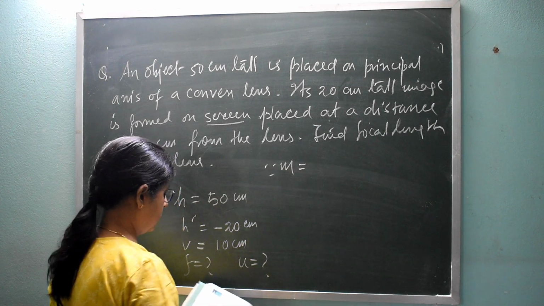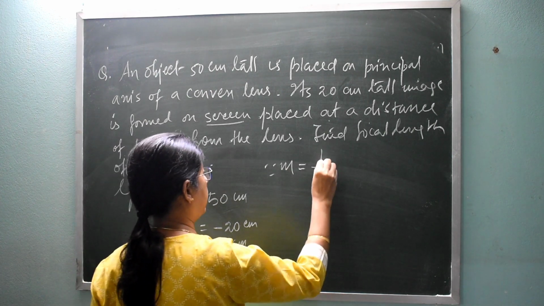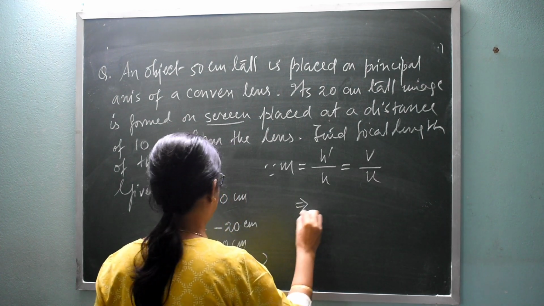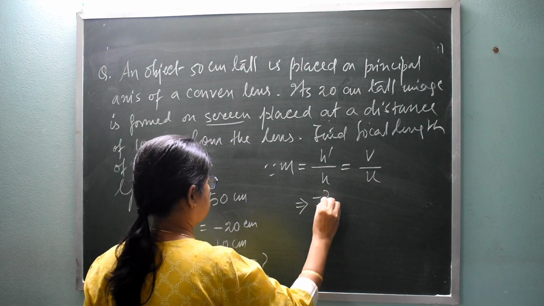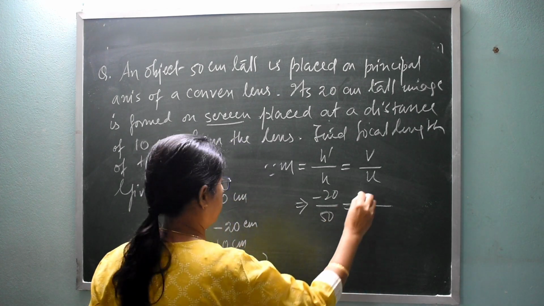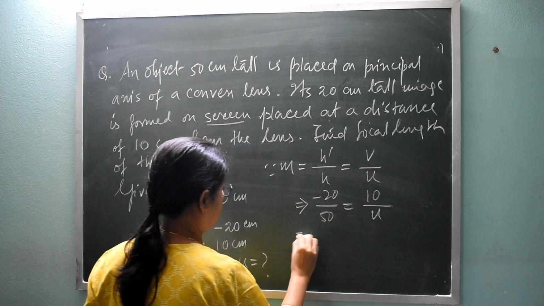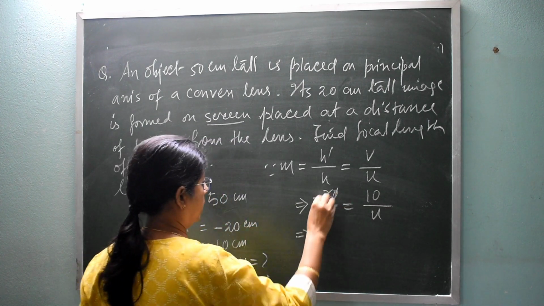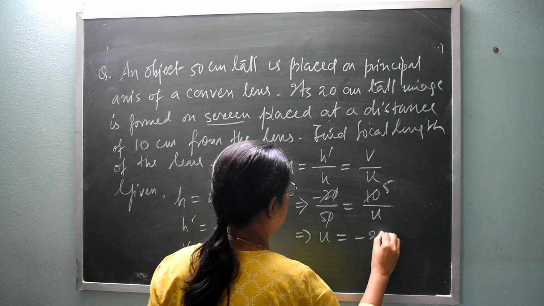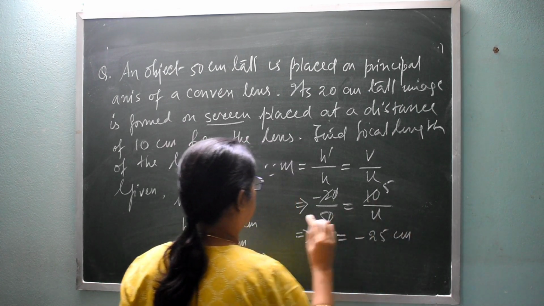From the magnification formula we can write m equal to h dash by h equal to v by u, so minus 20 by 50 equal to 10 by u. So u equal to minus 25 centimeter.